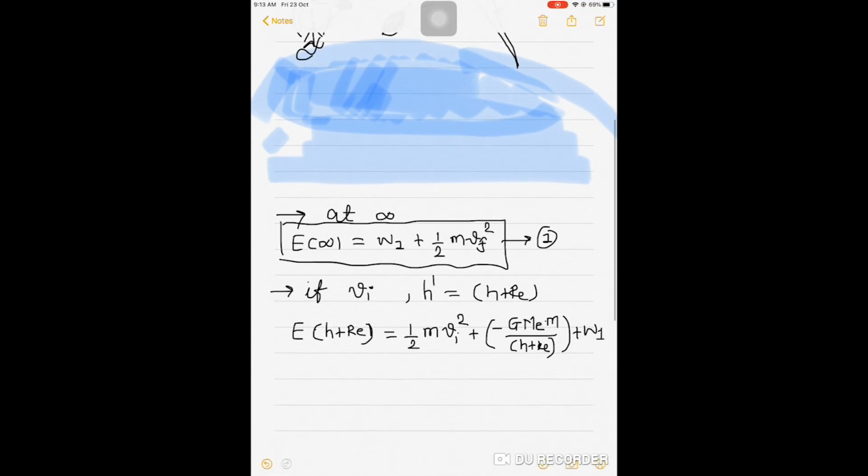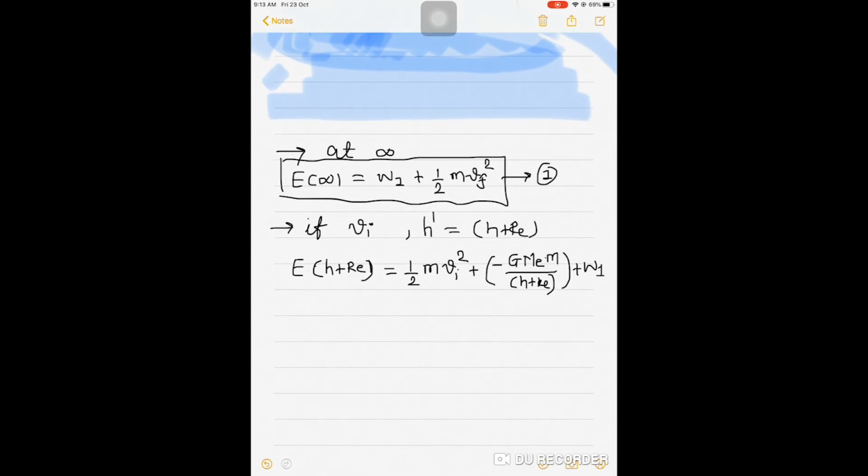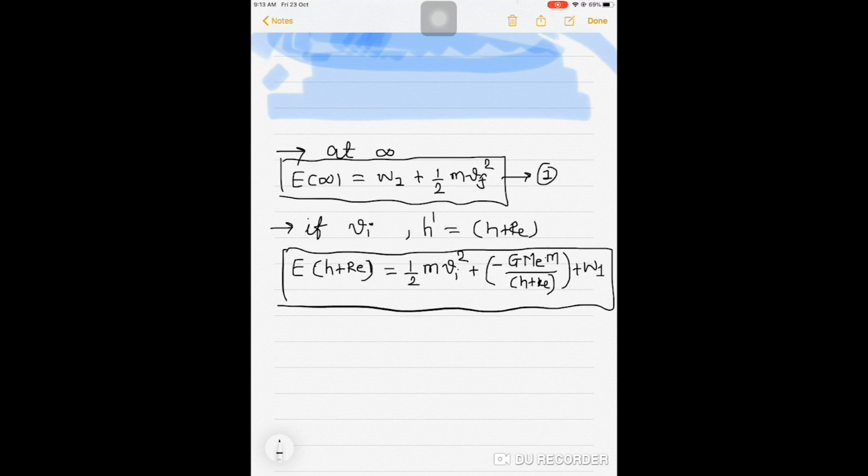Now we consider that object when lying on the surface. So before going to that, we consider this equation as equation 2. Now we compare these two equations, as we know that total mechanical energy remains the same.